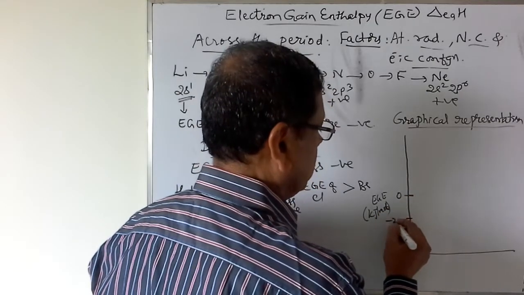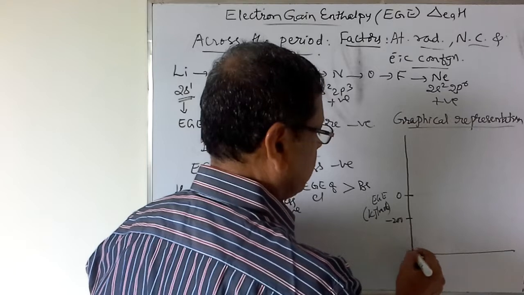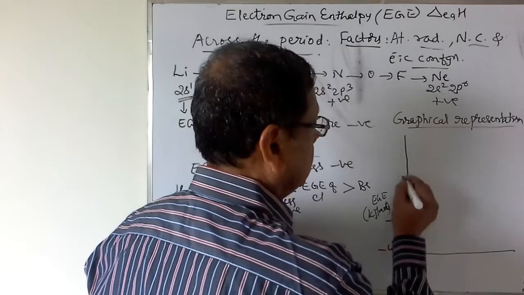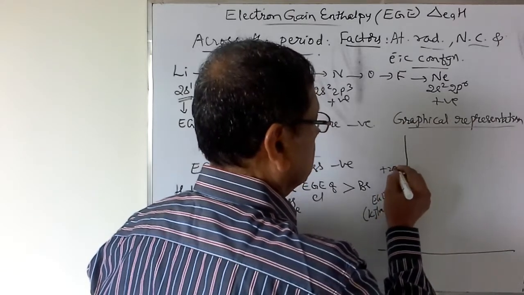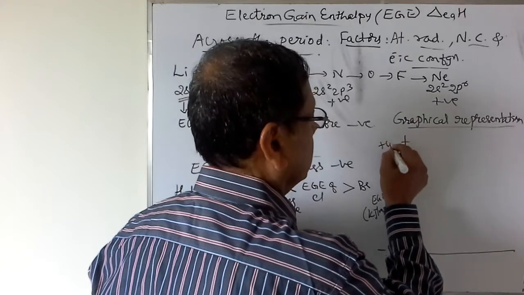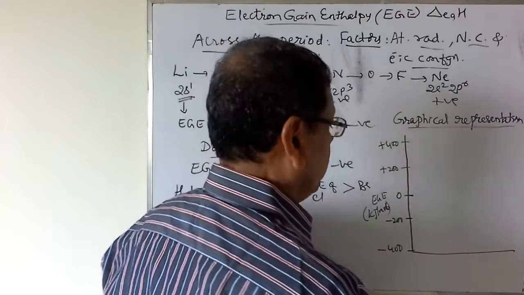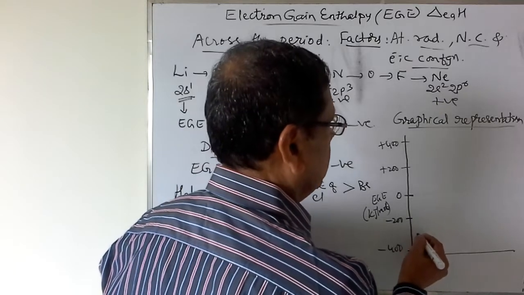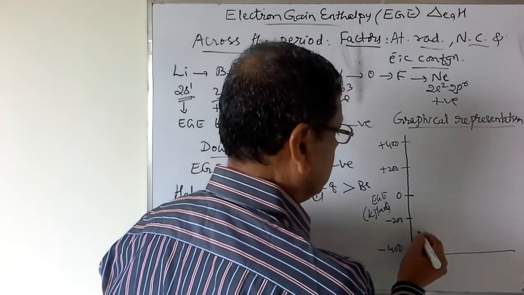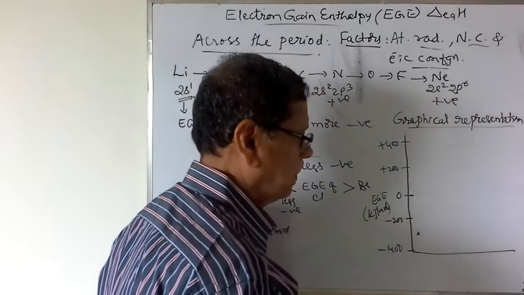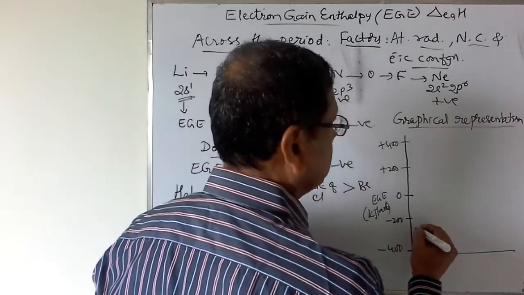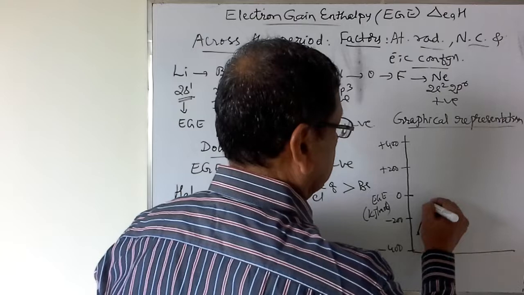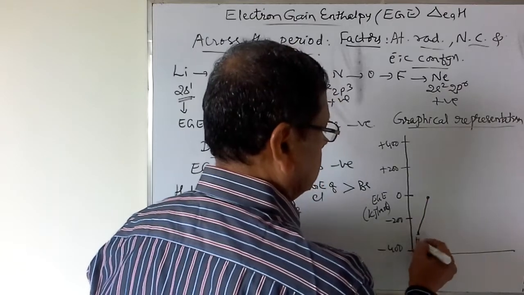This is minus 200, this is minus 400, this is plus 200, this is plus 400. For hydrogen, it is between minus 200 and minus 300. Then from hydrogen to helium there is an increase.